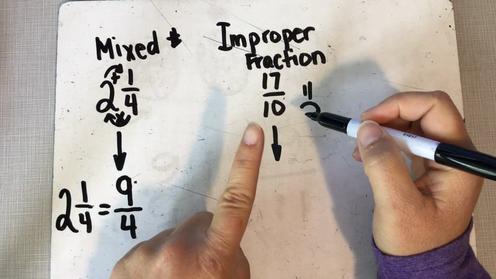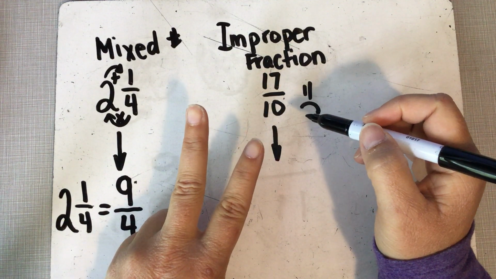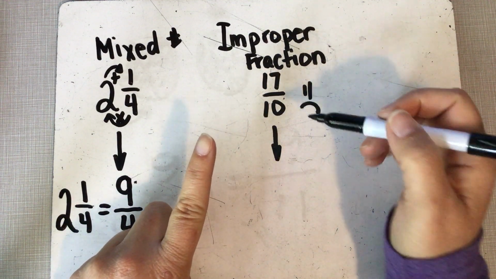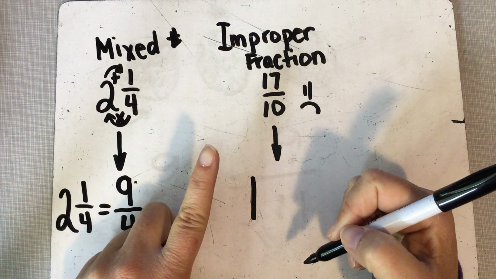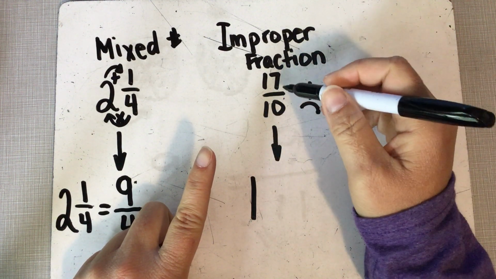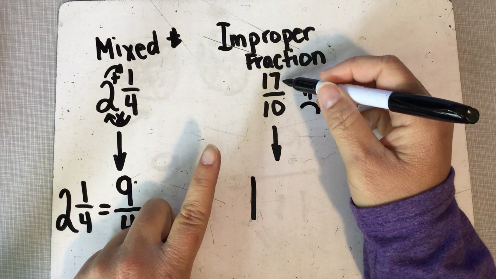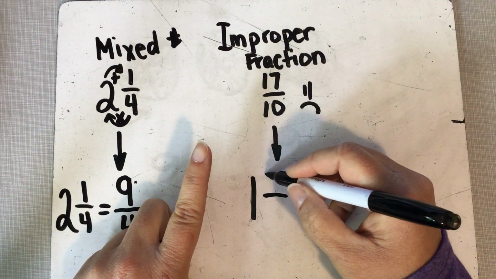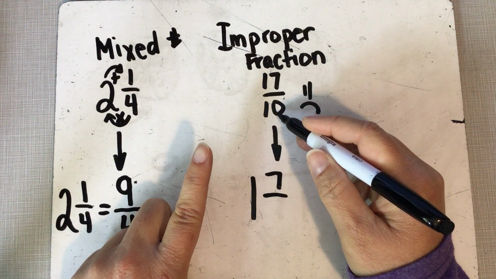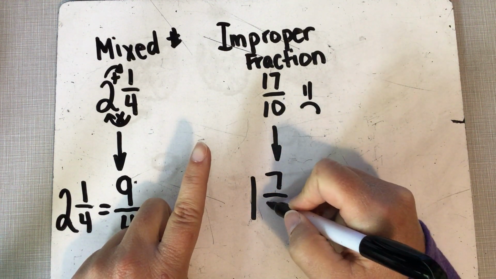If I count by 10, 20 will be too much. So I have 1 whole 10. So I took care of the 10, and now how many more? If I'm at 10, how many more till I get to 17? Well, 10 plus 7 is 17, so there's a 7 on top. The denominator does not change. It stays the same.